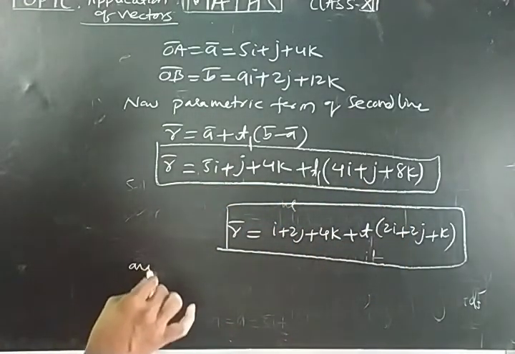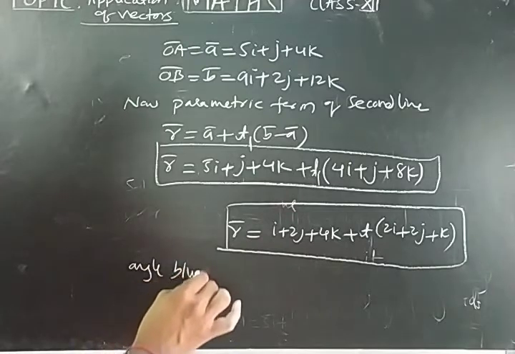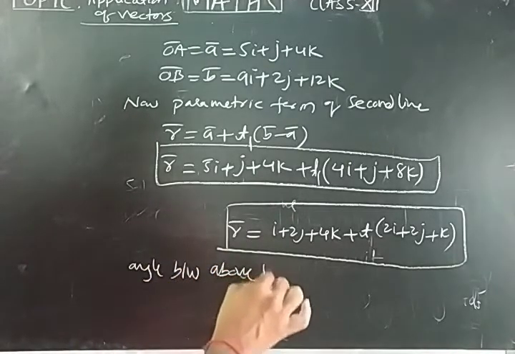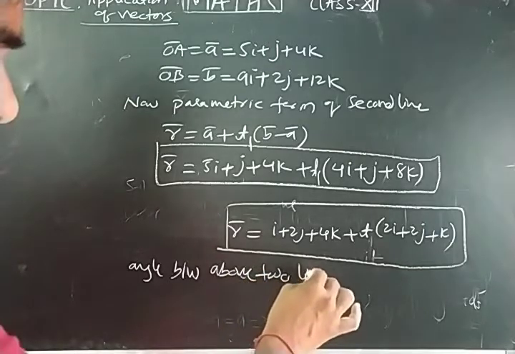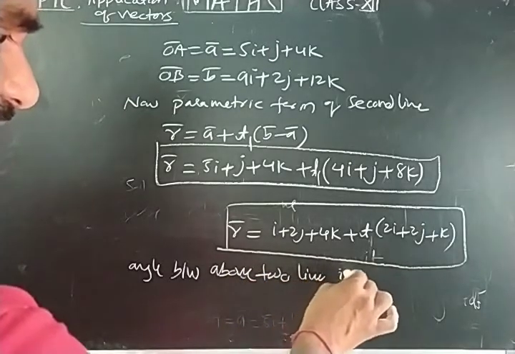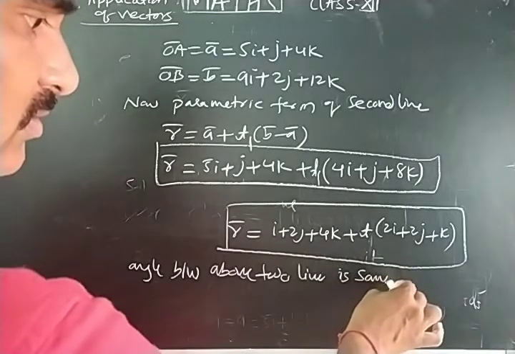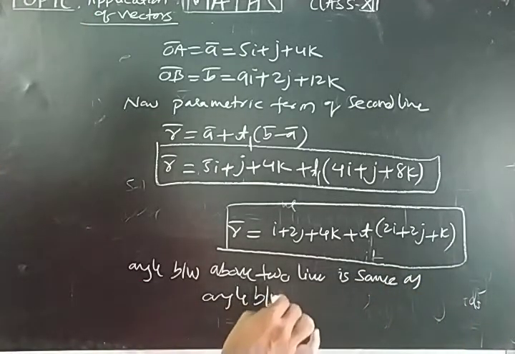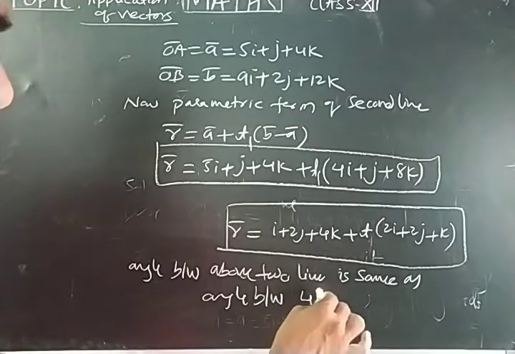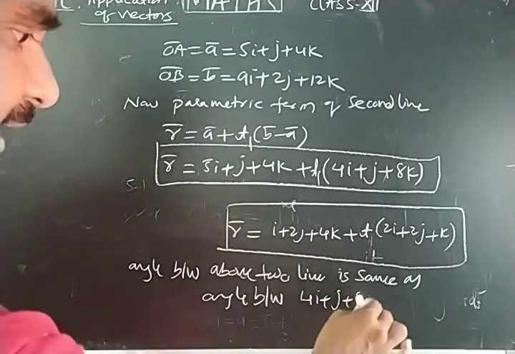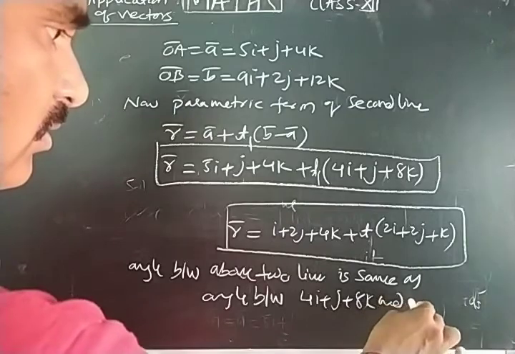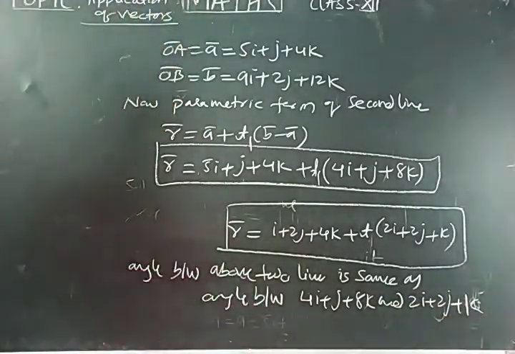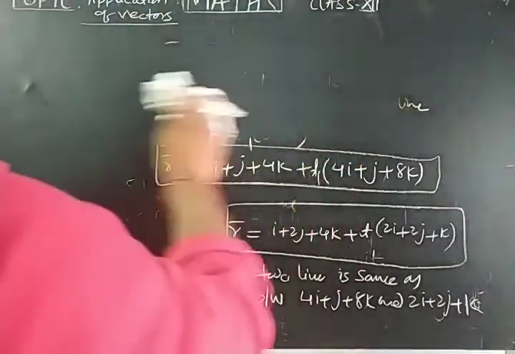So the angle between the above two lines is the same as the angle between 4i plus j plus 8k and 2i plus 2j plus k. So I am finding the angle now.